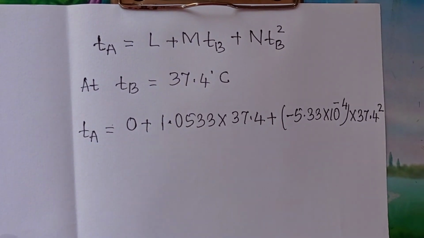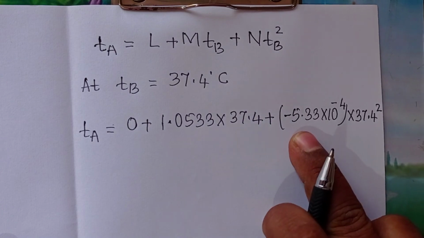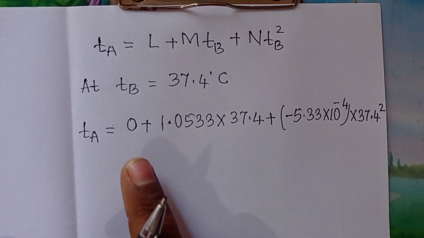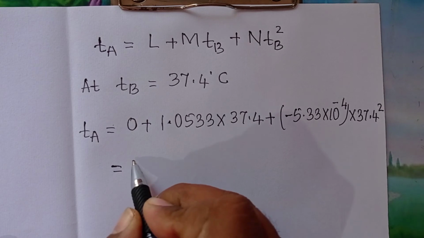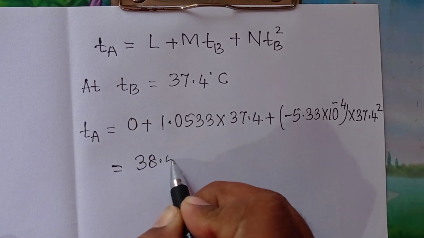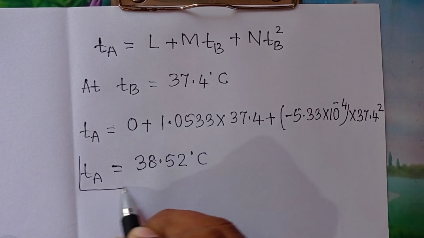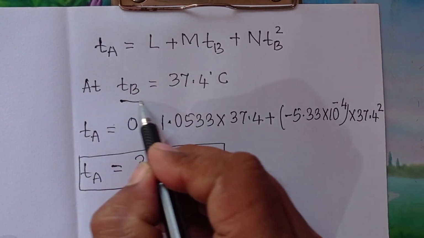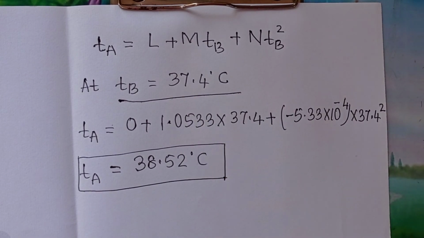So 37.4 is the value of Tb, and n is minus 5.33 into 10 to the power minus 4. So I have substituted these values in the equation. So calculate, you will get the answer as 38.52 degree Celsius is the value of Ta when Tb is 37.4. Tb is 37.4, Ta is 38.52.